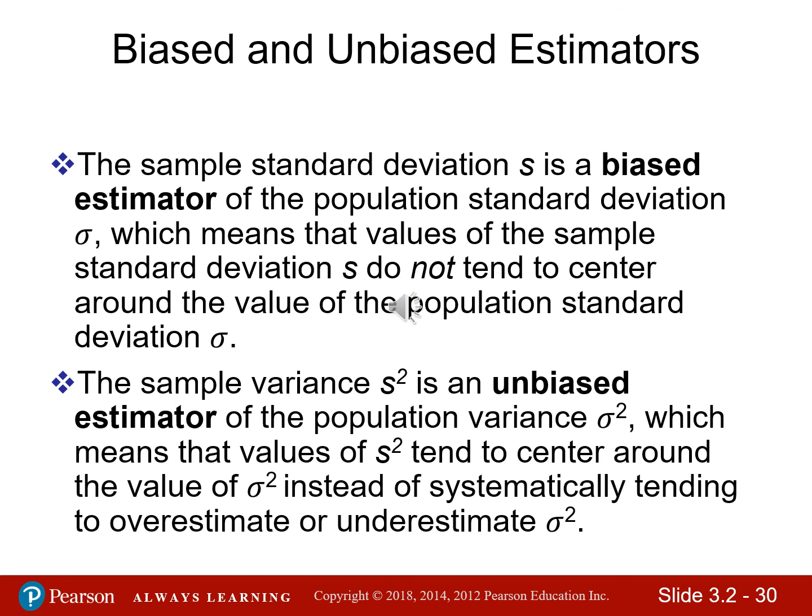The sample variance is an unbiased estimator of the population variance, which means that the values of the sample variance tend to center around the value of the population variance, instead of systematically tending to overestimate or underestimate.